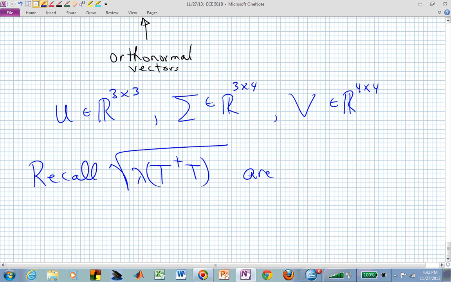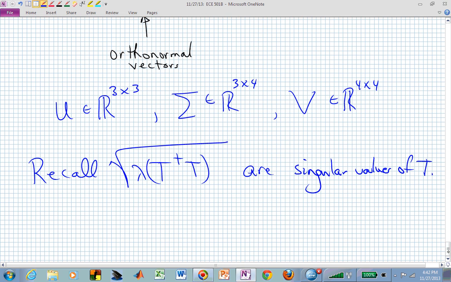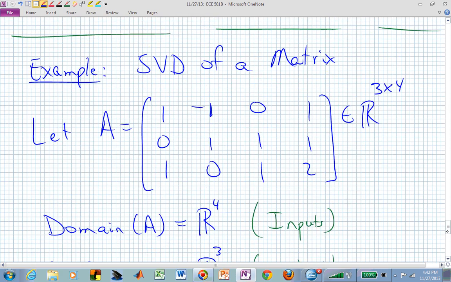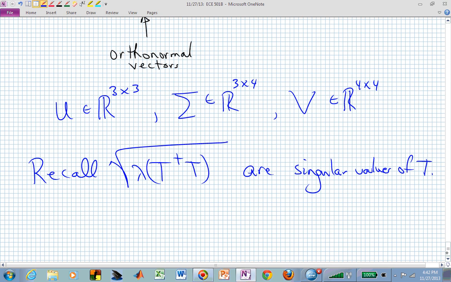Those are the singular values of T. So with this matrix A, we could compute A transpose A, find the eigenvalues, and take the positive square roots of those. Maybe I should do that now.